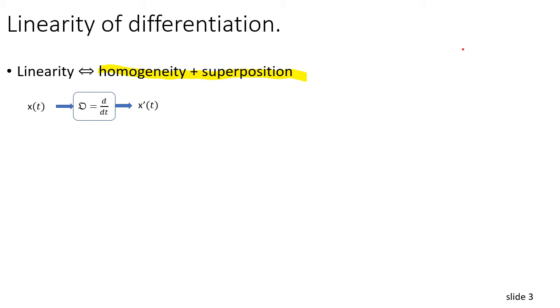As you can see here, we have a function called x of t. And we're using differentiation to find the derivative function, x prime of t. Now, here's where homogeneity comes in.